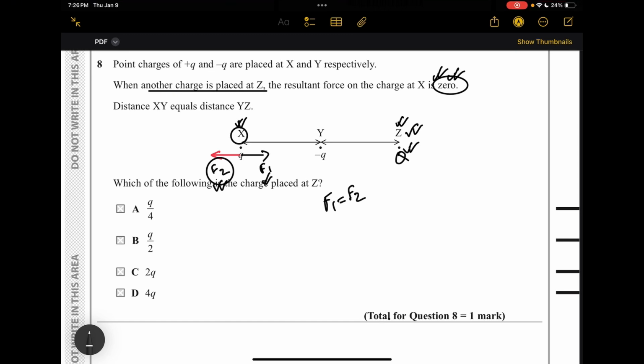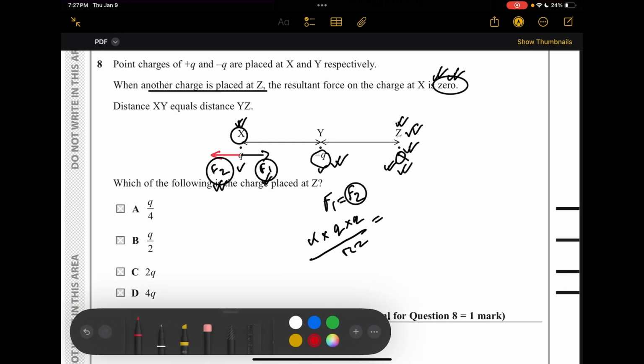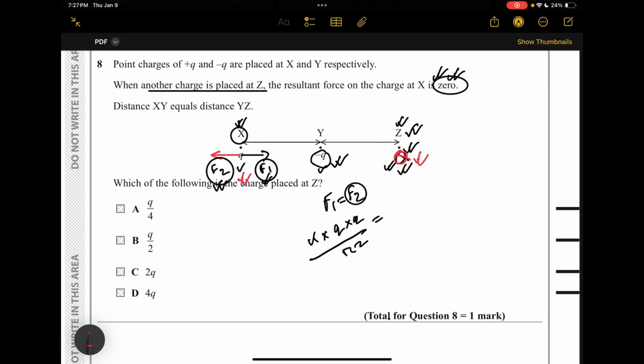So for force we can use the formula of electric field. K into, for F1, this theta and this theta are the thetas on which this F1 force is acting. So we can say K into q into q divided by r squared. We don't need to write the negative sign because it's a numerical value, and we don't need to denote the negative or positive charge right here, is equal to this F2. So for this F2, this Q is acting on this q. Sorry, my bad. This Q is acting on this and this q. So we can write K into q into this bigger Q divided by the whole distance.